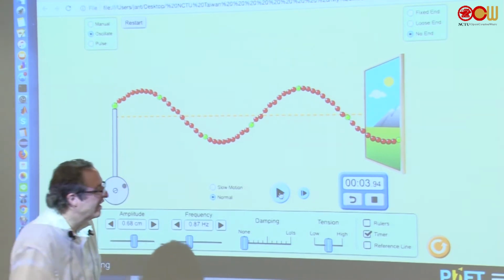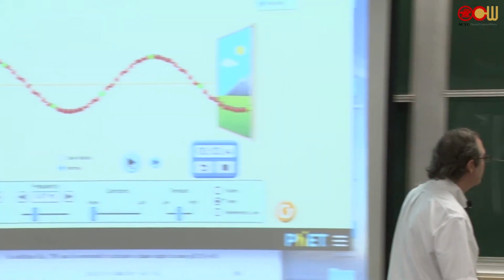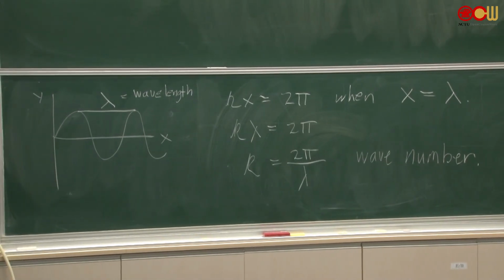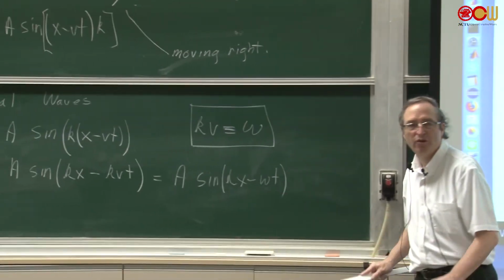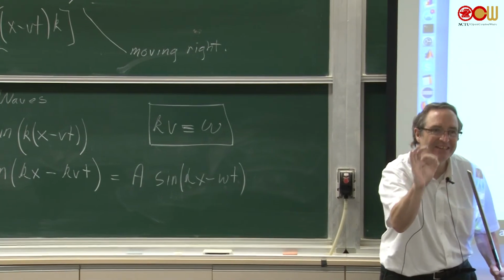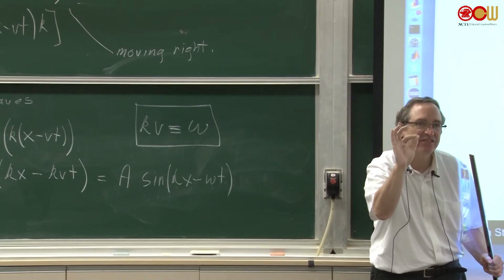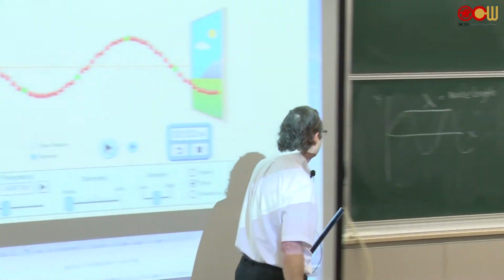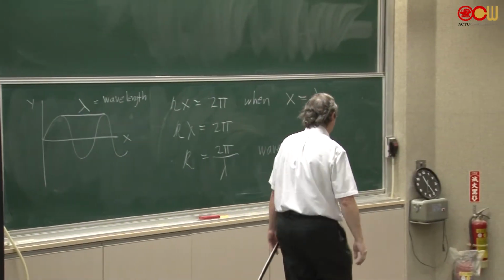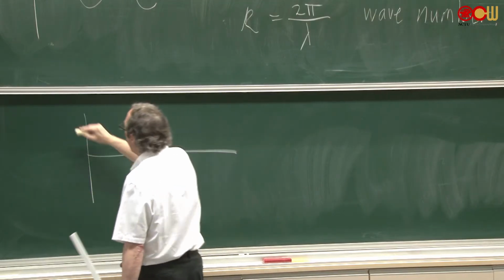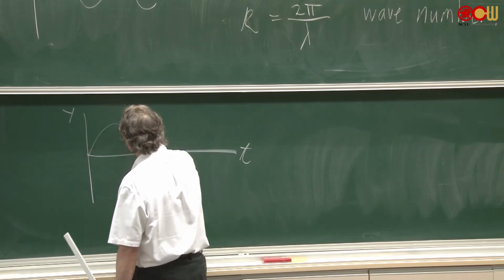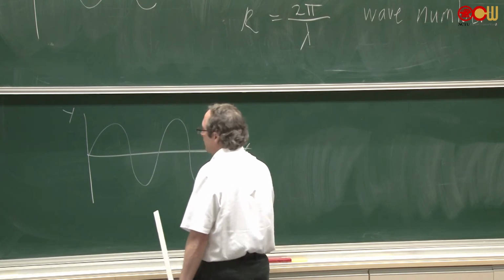Now, just like kx changes with 2 pi, omega t will change with 2 pi for a specific value of x. And we call that the period of oscillation. All right, so let's see what that is. If I do y versus time, I'll also get a sine wave like that.